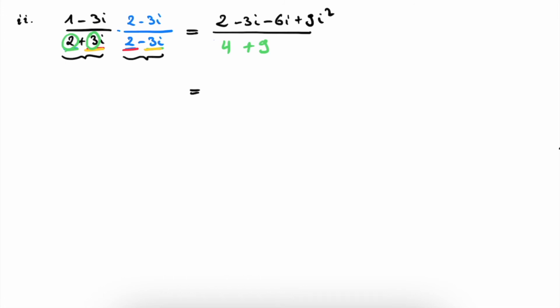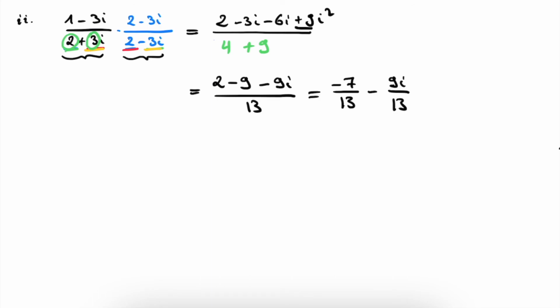So what we get is 2 minus 9, because plus 9 times i squared becomes minus 9, minus 9i. And we divide this of course by 13. And rewriting this even further, we get minus 7 divided by 13 minus 9i divided by 13.